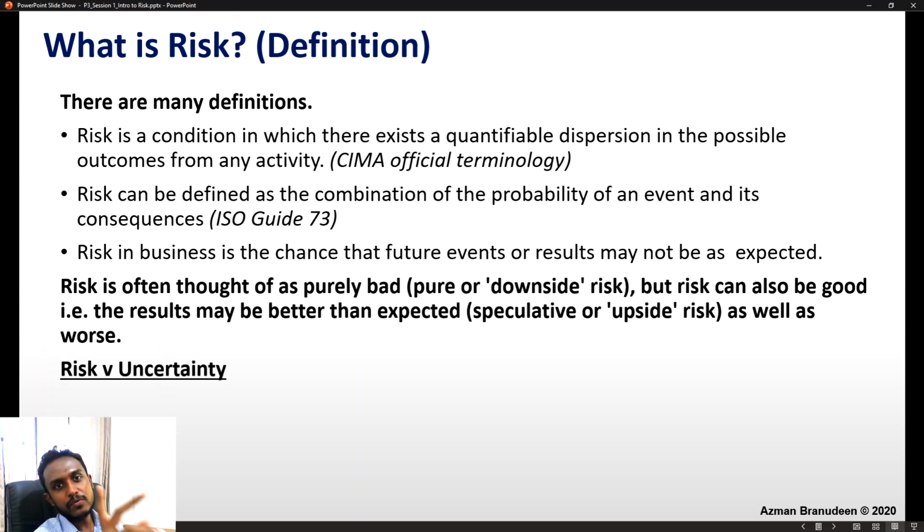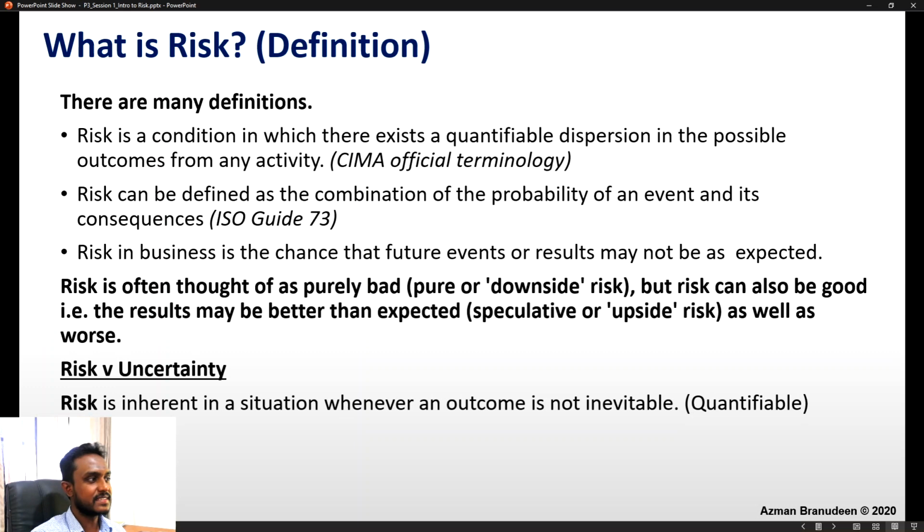Now, when you deal with risk, you have to understand that there is an element called uncertainty, and the difference between risk and uncertainty can be very, very subtle. So what is risk and what is uncertainty? If someone asks you that, you have to have a fair understanding of what the distinctive difference means.